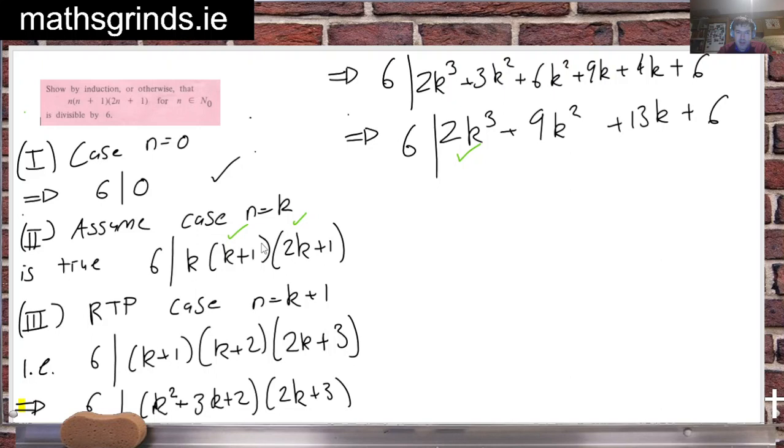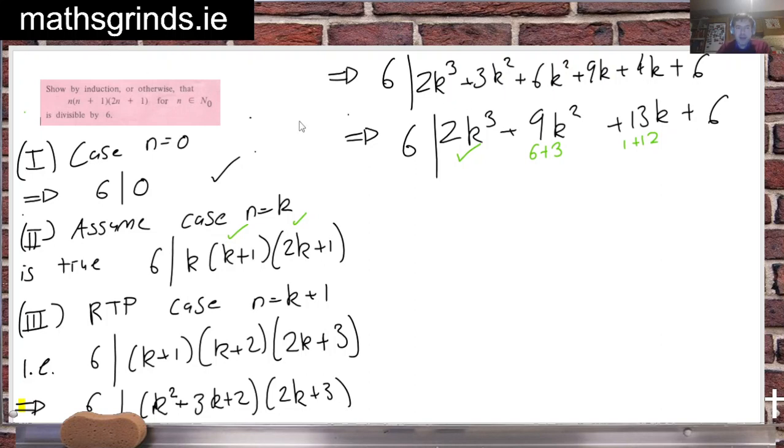No, I want 3k here, so I think I'll change that 9 into 6 plus 3. The 13k, do I want? No, I don't want that. I'd rather have a 1. So I'll change that into 1 plus 12. And I definitely don't want the 6 in there.